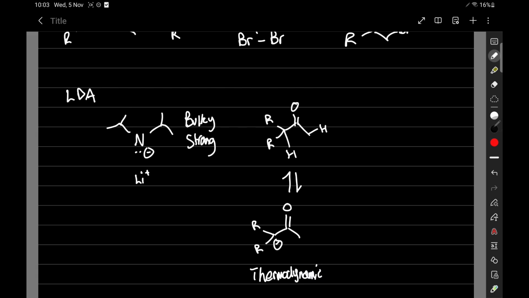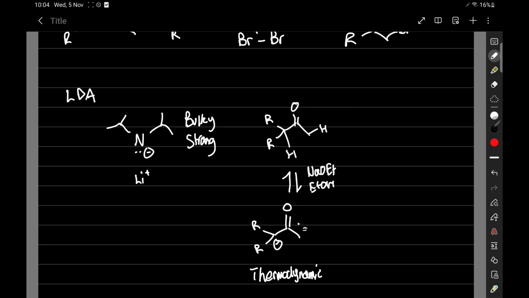If you set up an equilibrium by using an alkoxide base like this, and you leave it to equilibrate, then you end up with a thermodynamic enolate. And the reason it's called the thermodynamic enolate is because it's the most stable.